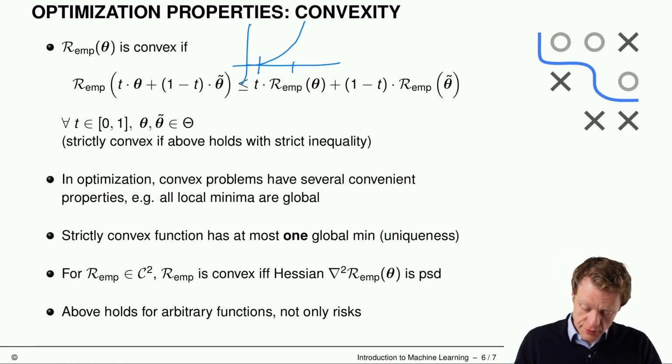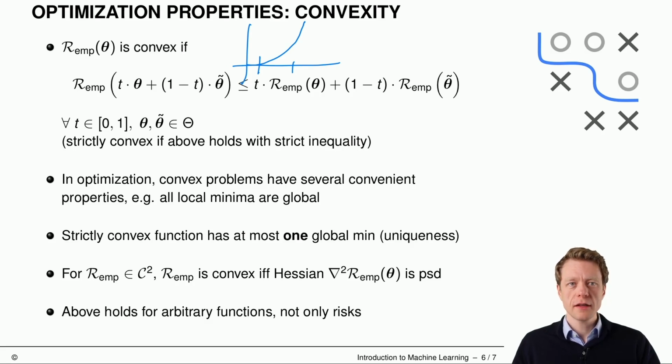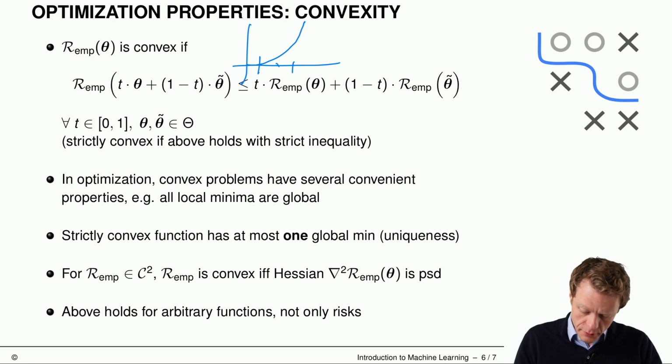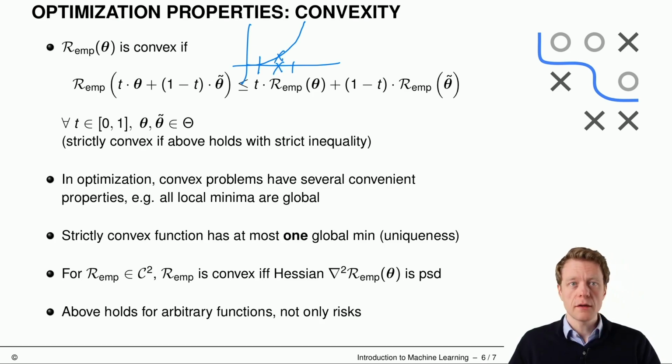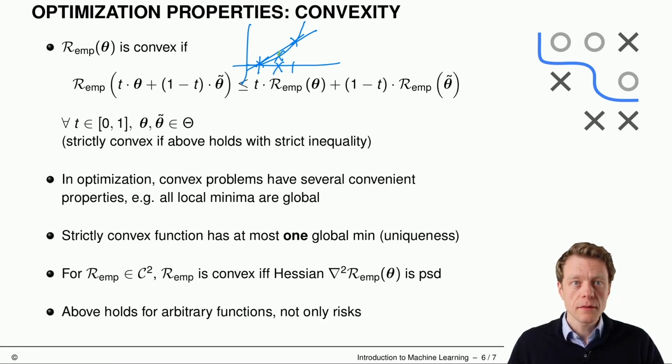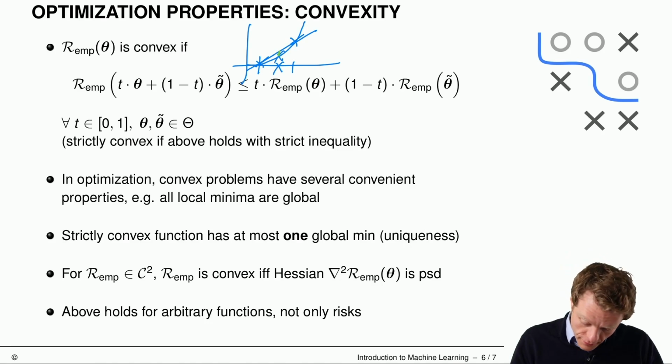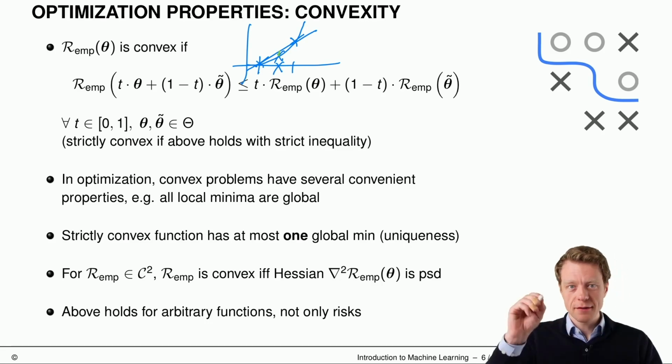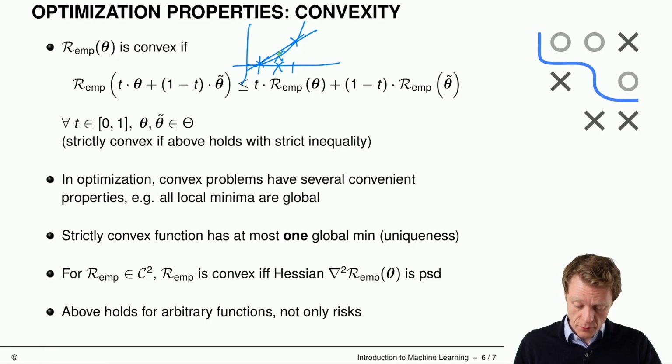Because if I take two values here, which should be theta and theta tilde in that case, and I take a convex combination, so some point inside that interval, and I look at the function value of that point, then this should be smaller or equal to if I take the function values of those both here and take the convex combination here. So hope you can see it somehow. The blue x is below that straight line I drew there, which is then the right-hand side here.